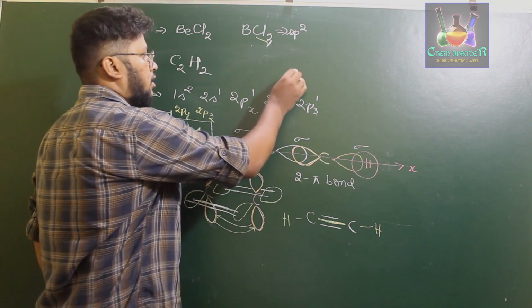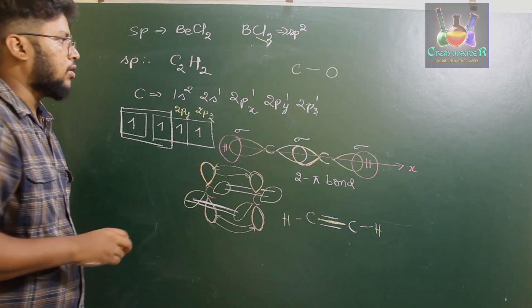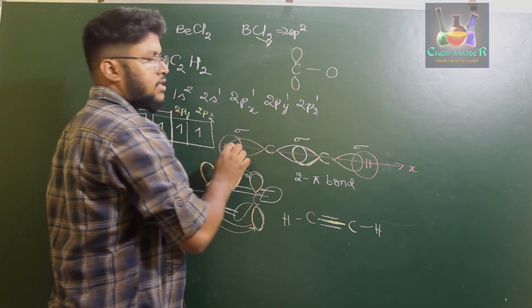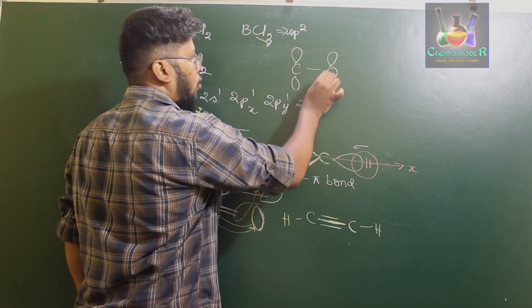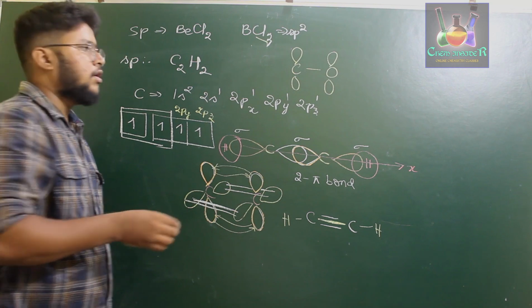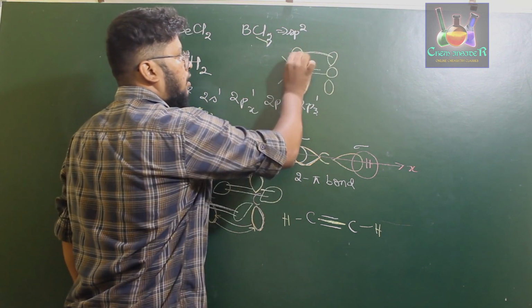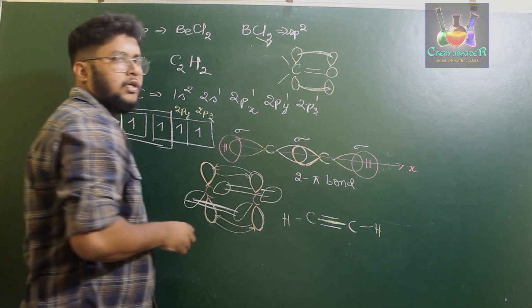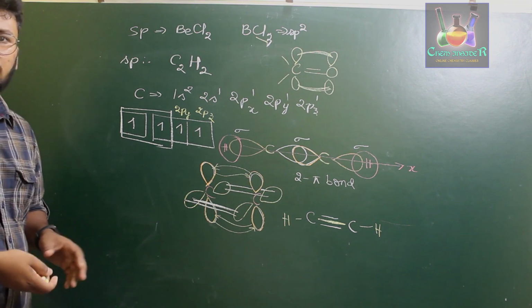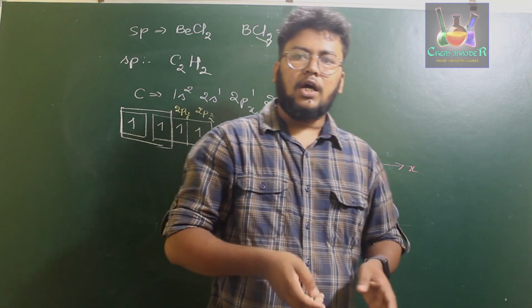For example, if you consider carbon and oxygen in the case of carbon monoxide, here also carbon undergoes sp hybridization and oxygen has one lobe which is present with the electron cloud. Therefore, carbon and oxygen in certain compounds form a double bond because of the sideways overlapping of the pz orbital. Okay, so these are certain examples of sp, sp2 and sp3 hybridization involving the carbon molecule.